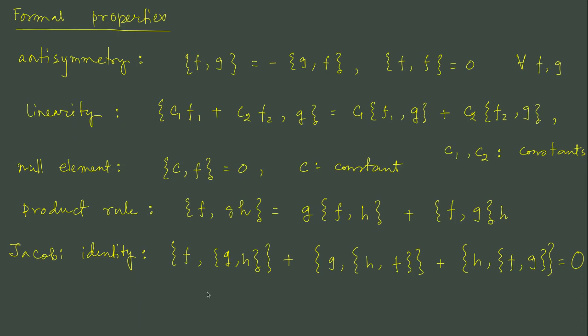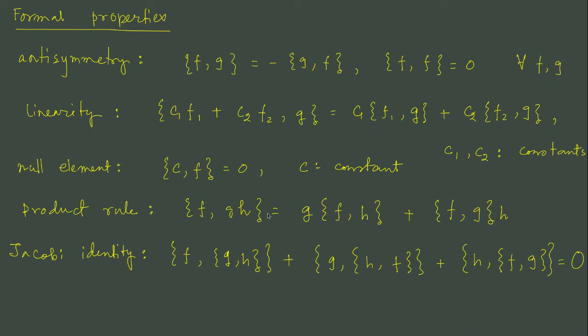Now the final property, the Jacobi identity, is basically a cyclic rule. If you have three dynamical quantities, F, G and H, then this nested Poisson bracket, F and then the Poisson bracket of G and H, then G and then the Poisson bracket of H and F, then H and the Poisson bracket of F and G, all these together give you 0.